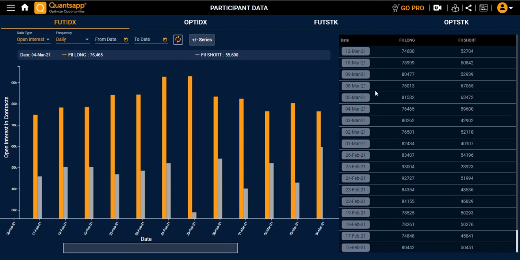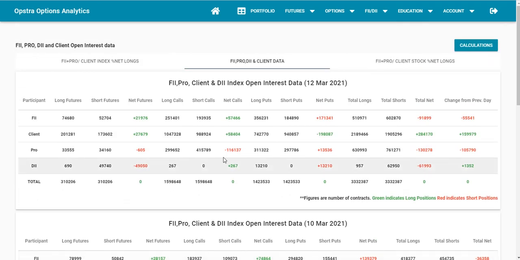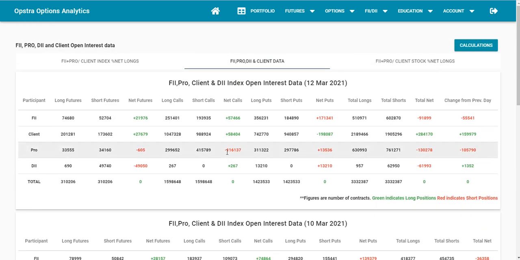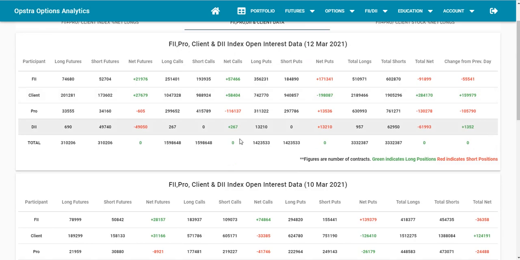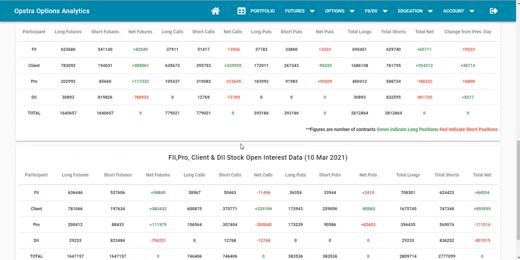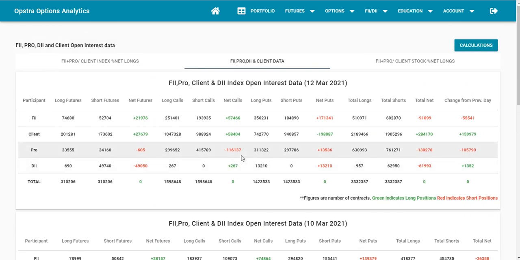Now there is another option: you can go to a website called Offstra and find the FII DII segment and derivative segment. You will come to this data. Personally I prefer this data because it gives me both sides of the picture and the net position as well.